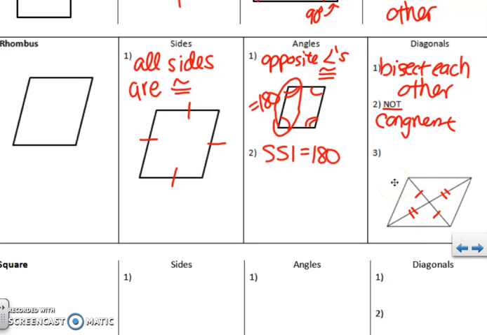But there is one third thing that happens. The diagonals are perpendicular. So remember that symbol was the upside down T. So what you know is you've got a 90-degree angle there, which means you have a 90-degree angle here, and there.